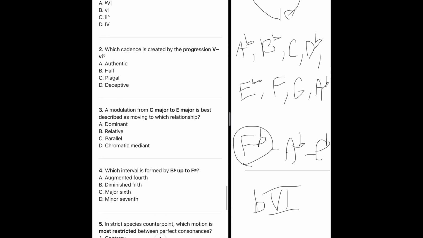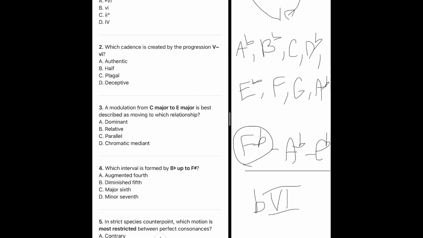Alright, which cadence is created by V to vi? Oh, deceptive. A modulation from C major to E major is best described as what? Oh, shoot. Okay.